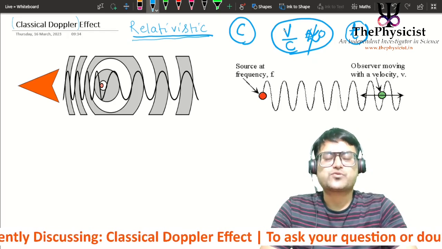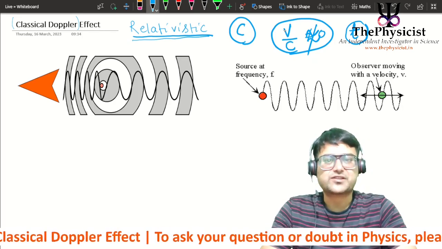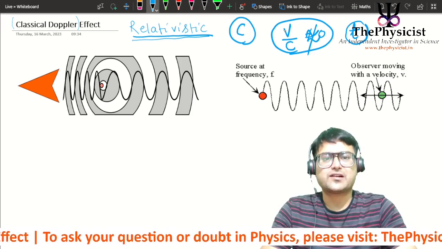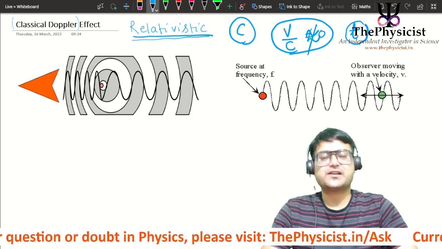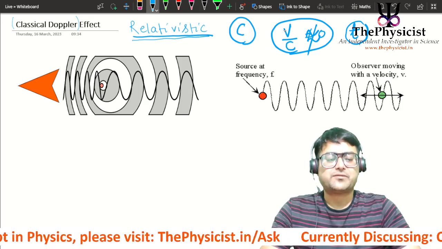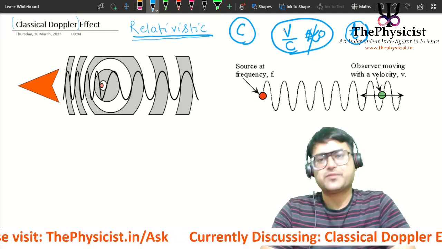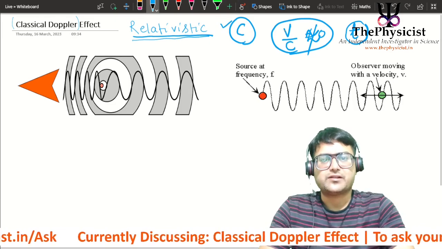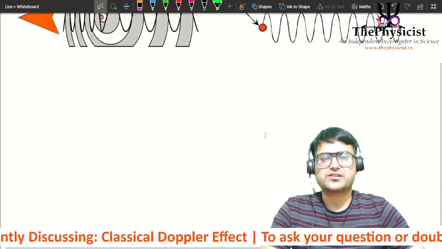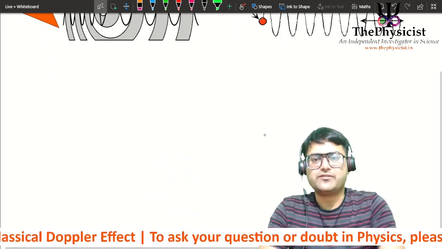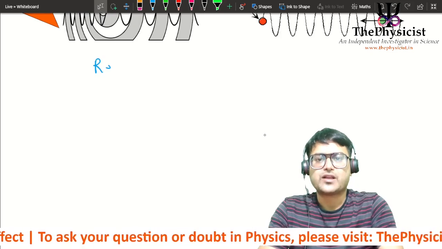That's one. Again, there is one more concept of relative velocity, and that would be a little different, because the relative velocity of light as per any frame remains c only. So first of all, let's discuss the concept of relative velocity, because that's going to be very important here.